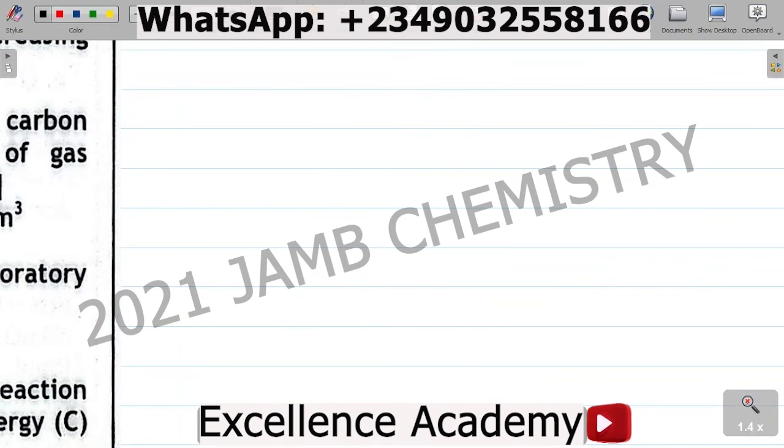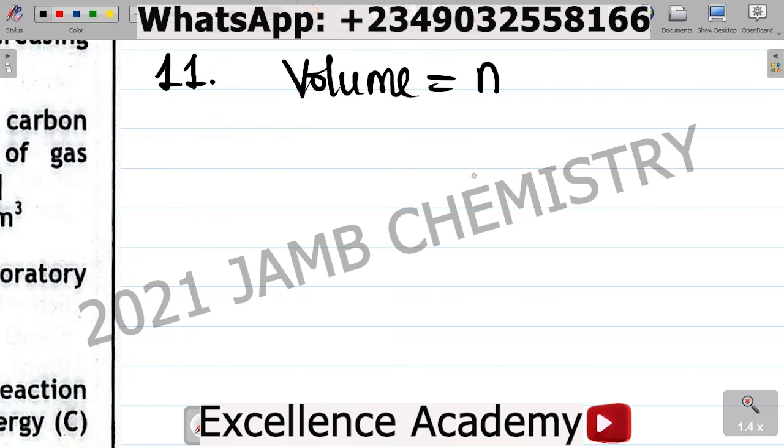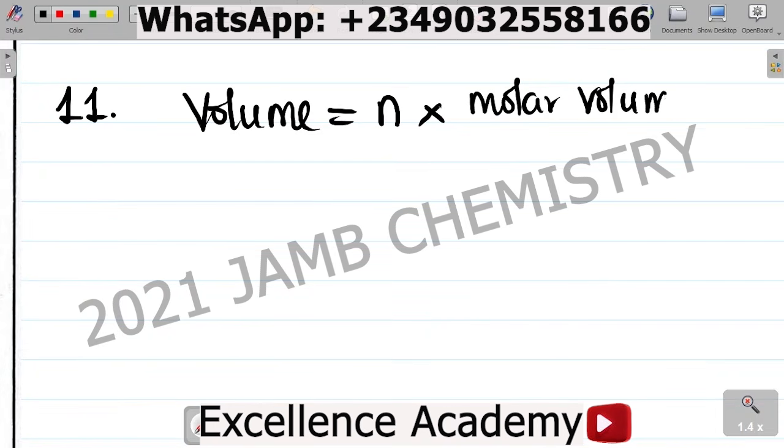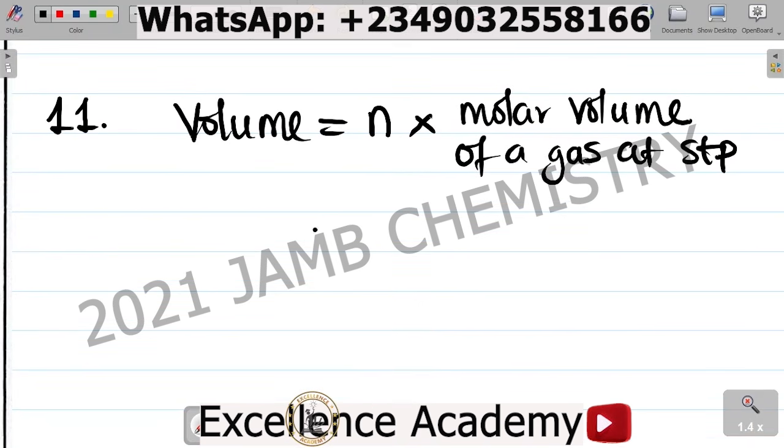For question number 11, you want to note that volume is equal to N, number of moles, times the molar volume of a gas at STP. All right. N represents the number of moles.